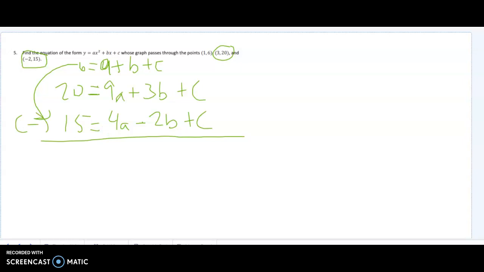So 6 minus 15 is negative 8. No. 6 minus 15 is a negative 9. Sorry.